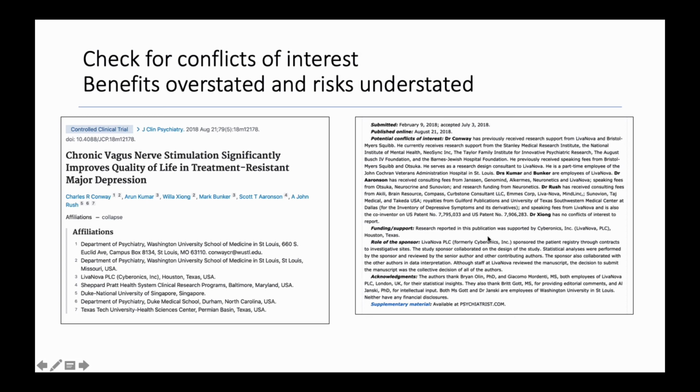There's a list of the conflicts, and you'll see that this company has basically either given money to or supported in some other way all these people, all these scientists on the list. So my rule of thumb is simple. I don't think it's being paranoid. It's basically if a study is heavily industry sponsored, I will consider the benefits overstated and the risks understated.